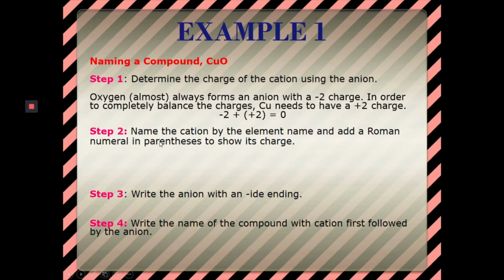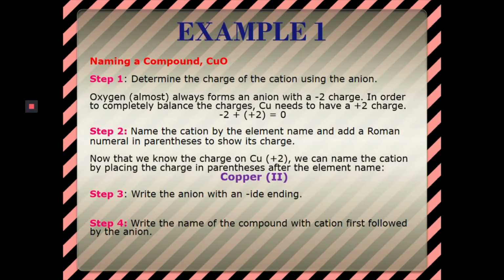The second step is we write the name of the metal followed by the Roman numeral, so we get copper 2. Then write the name of the anion with the ending of IDE. Here we have oxygen, which becomes oxide.